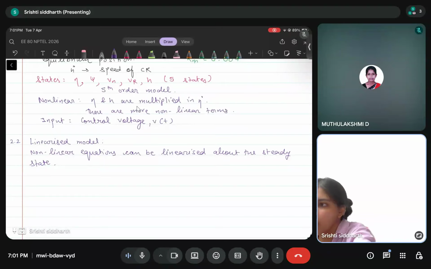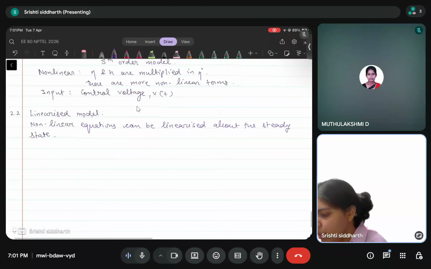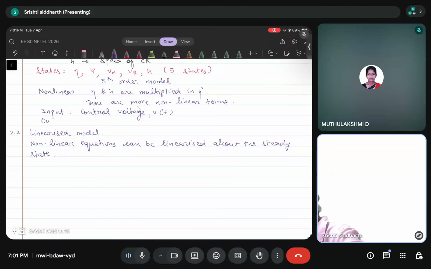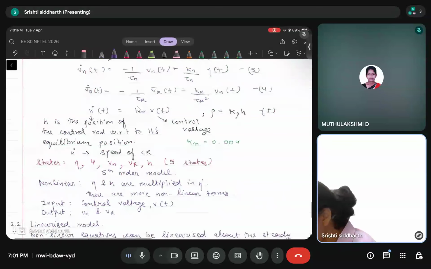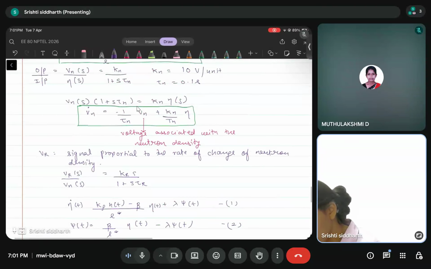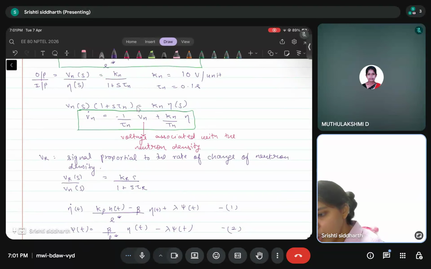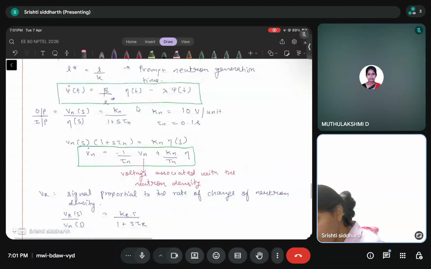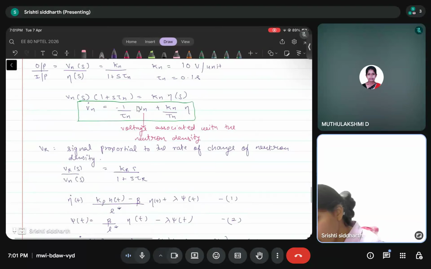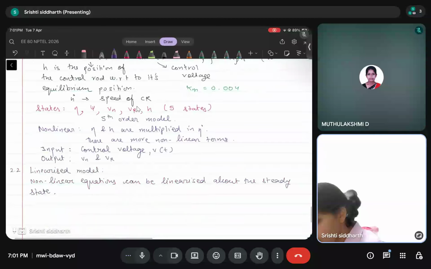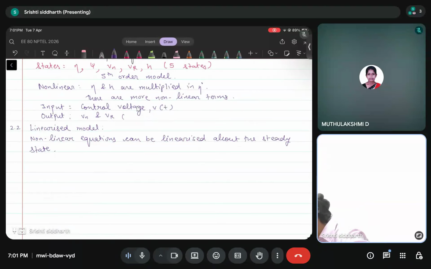So I'm going to write down the linear model. Sorry, we have not written the output. The output is Vn and Vr. So Vr is a signal which tells us the rate of change of neutron density, and I think Vn is the voltage associated with the neutron density. So there are two outputs, one input, and 5 states.